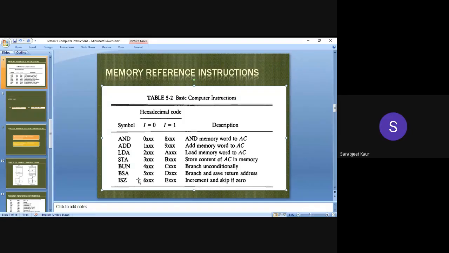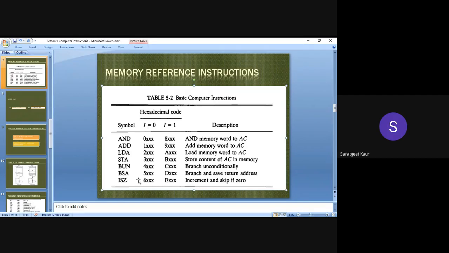You can just bookmark these terms as of now. After some classes, you will be doing these concepts in C++, so then you will be able to relate much better. BUN means that we simply stop executing the instructions that we are executing, and we go to a different location and start executing the instructions from that address onwards.